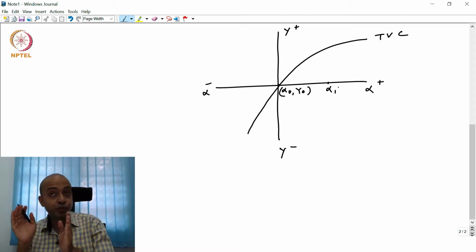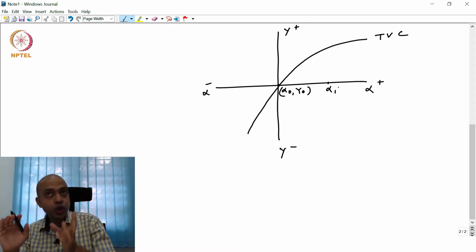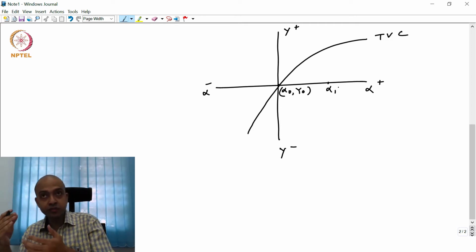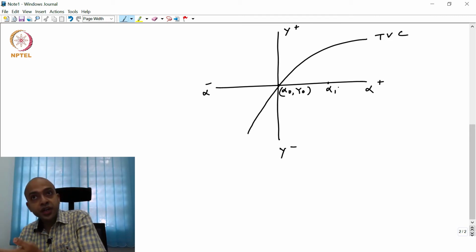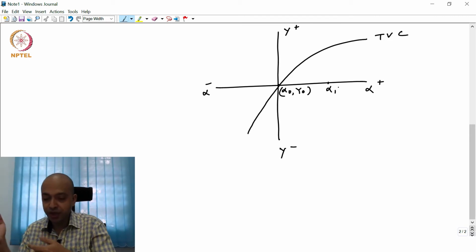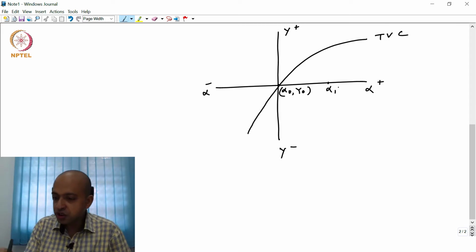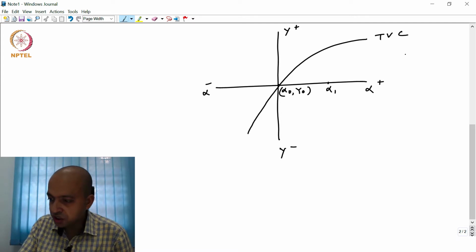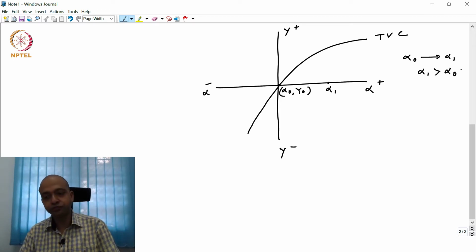In this contingent valuation method, as I said, we are going to ask the respondent to state their preference for a certain amount of change in environmental quality. So what is the change here? From alpha 0 to alpha 1, where we assume that alpha 1 is greater than alpha 0.